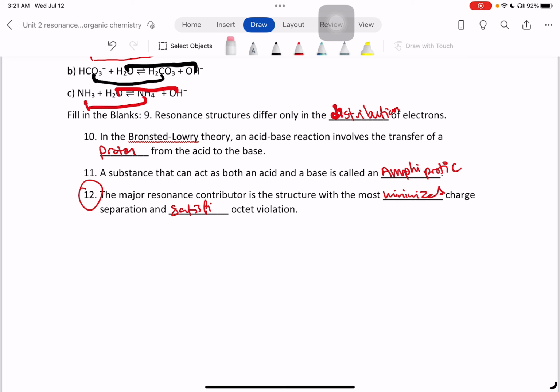Sorry about that. We need a separation and an octet, right? So we need an octet. So that's going to be a satisfied octet. Okay, so the one that has the minimum charge has the best satisfaction of the octet. So the lower the charge, the better it is to achieve the octet.